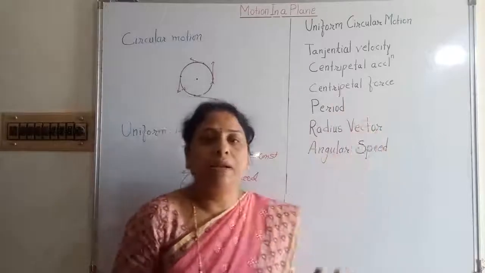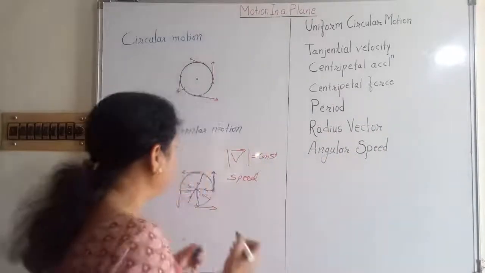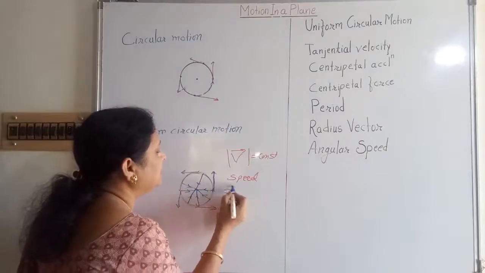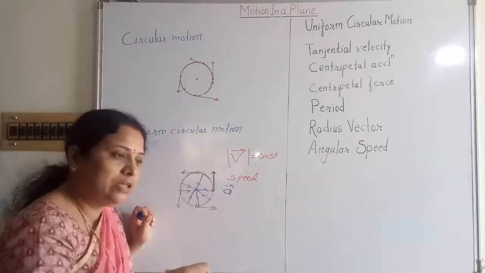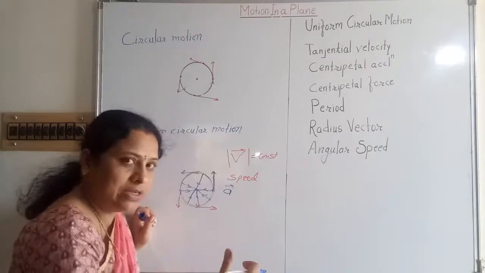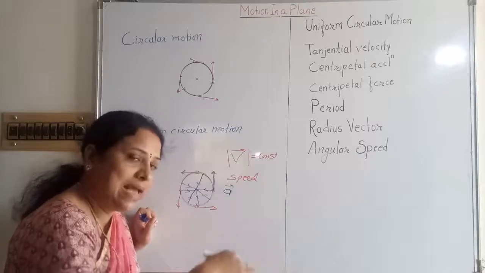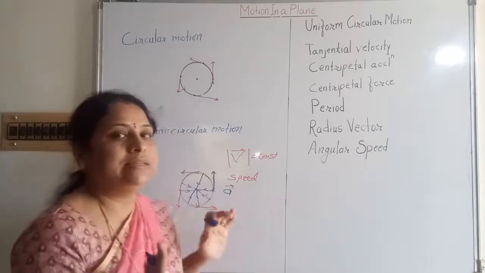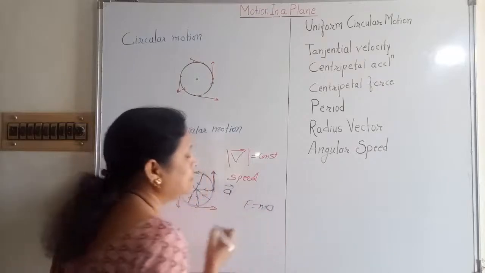Then there is the centripetal force. Now here the centripetal acceleration is directed along the radius towards the center. In the motion, when there is a change in velocity, velocity बदलली, acceleration येतं. When there is acceleration, according to Newton's second law, we know that force is equal to mass into acceleration.